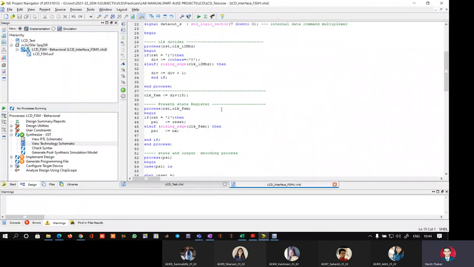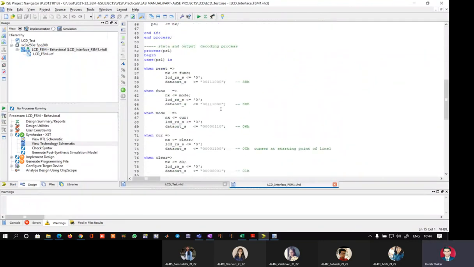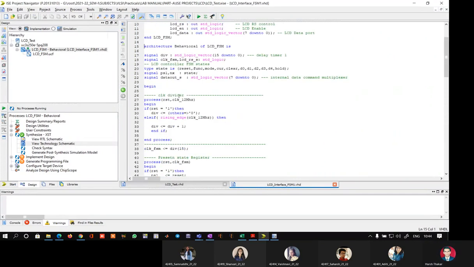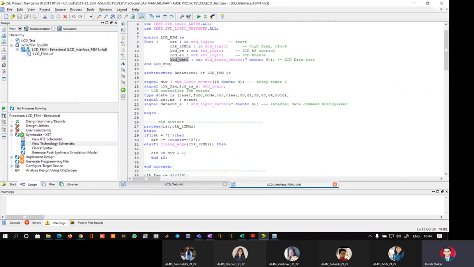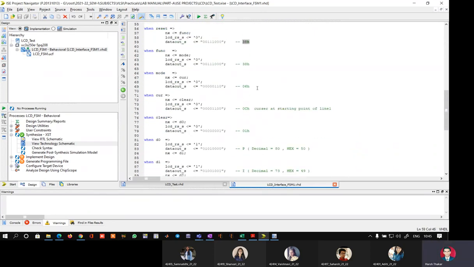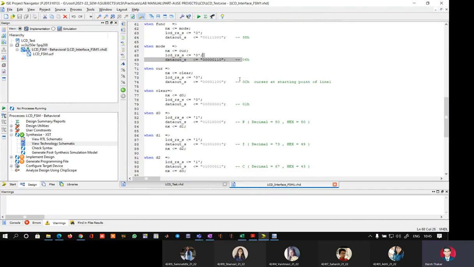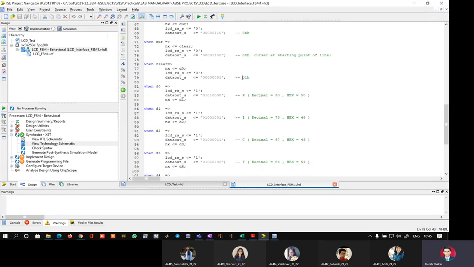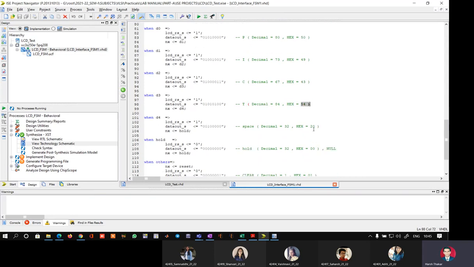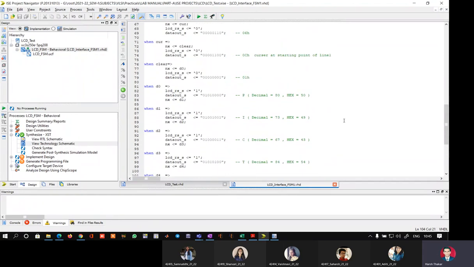When I run the test bench, for the output LCD underscore data, we should see these ASCII codes: 38 hex, 06 hex, 0C hex, 01 hex, and also 50, 49, 43, 54, 20, and null, that is 00. We are expecting to see all these hexadecimal codes in my waveform.